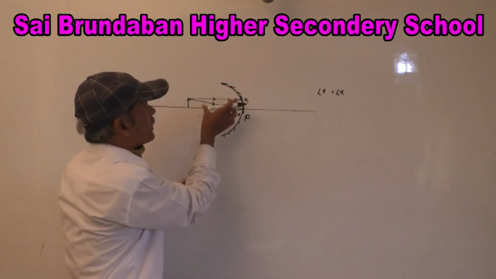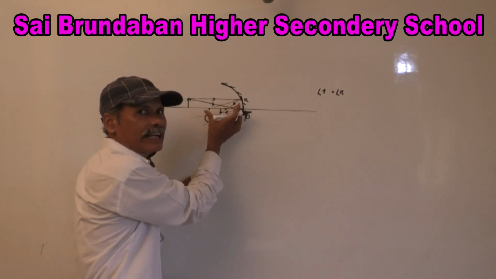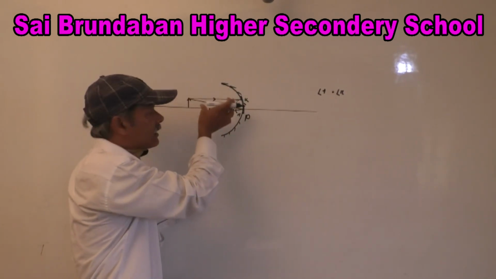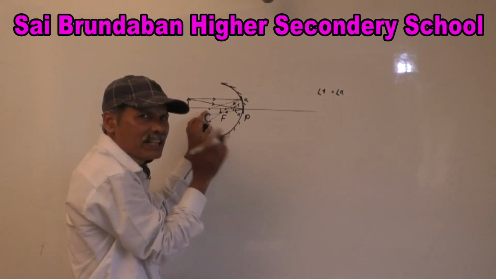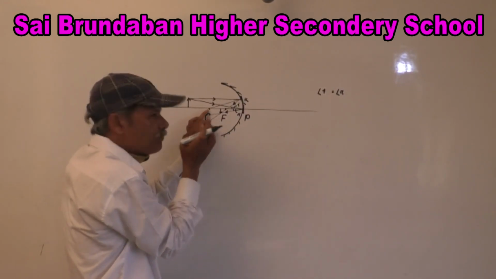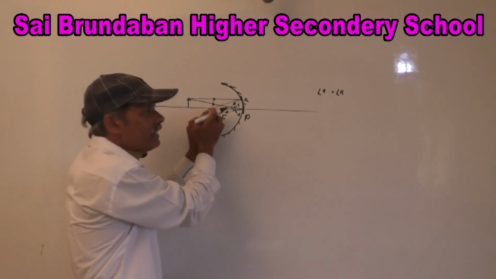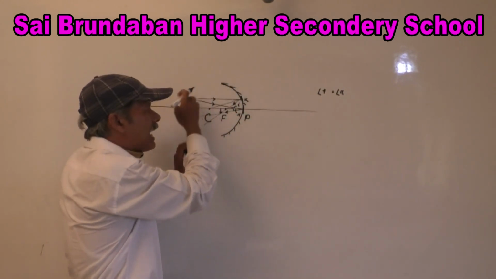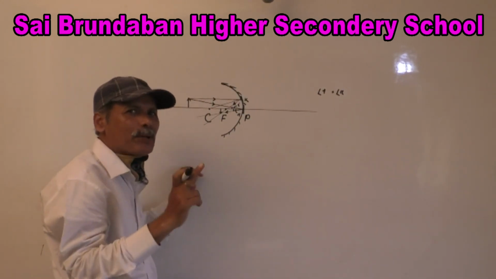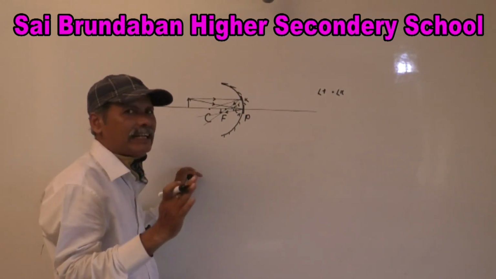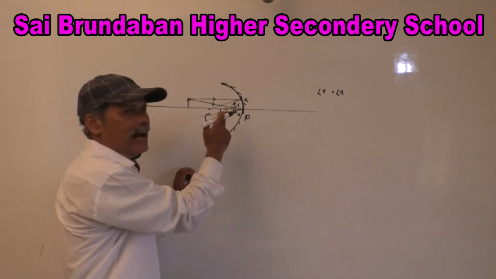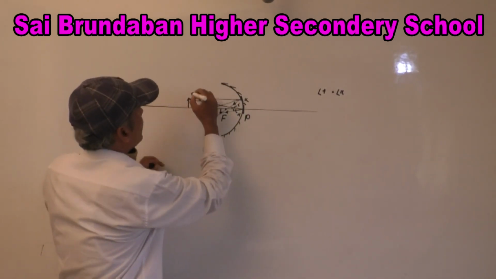So if you take this much radius and draw, fixing point C, then the outline will give you a circle, not a sphere. Practically it is a sphere, but in two dimensions it appears like a circle.